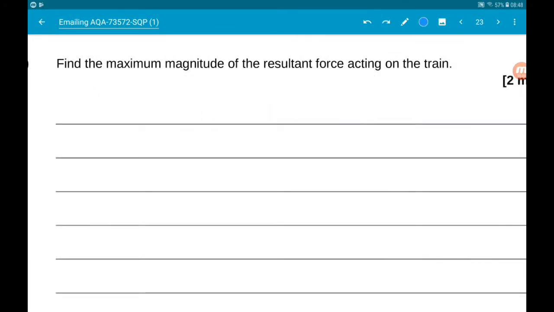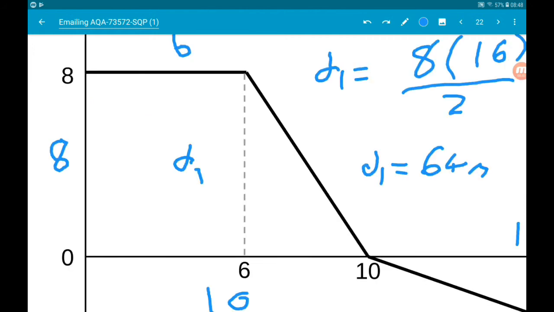Okay, part C wants us to find the maximum magnitude of the resultant force acting on the train. Force is mass times acceleration. So for that to be as big as possible, we need to find the greatest absolute value of the acceleration, so a max. From a velocity time graph, acceleration is the gradient of the graph.